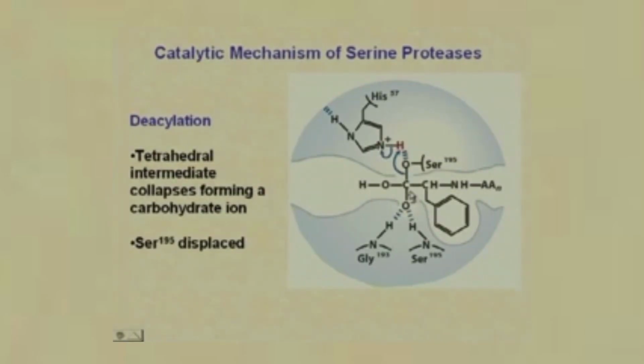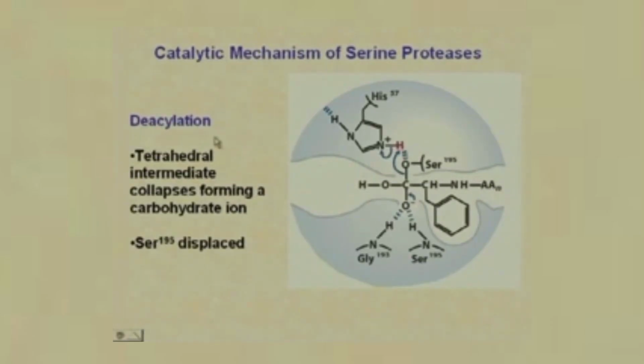C double bond O. And what is going to get cleaved? The CO, the acyl linkage to serine. And where is it going to get an H from? Histidine. So what does histidine in the first series of steps do? It takes the hydrogen from serine and gives it to the leaving amino part of the polypeptide chain. In the next series of steps, it takes the proton from water and gives it to serine.